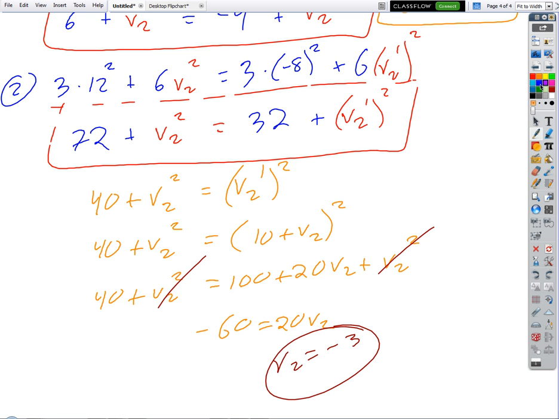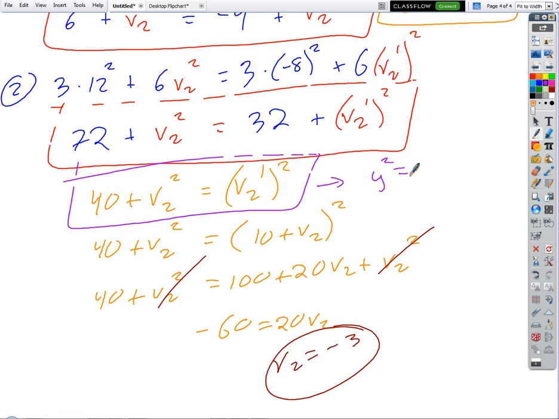Let me circle both of these in purple. So here's one equation. Let's call V2 prime y, and let's call V2 x, because our calculator doesn't have V2s on it. All it's got are x's and y's. So this is our x, and that's our y.